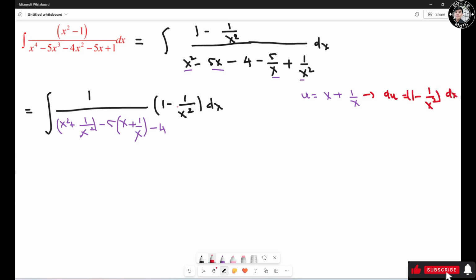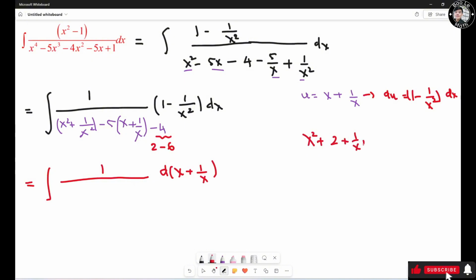So the top I just rewrite as d of s plus 1 over s. Now the bottom: negative 4 can be written as 2 minus 6. So I bring the 2 over here, and I have s squared plus 2 plus 1 over s squared.